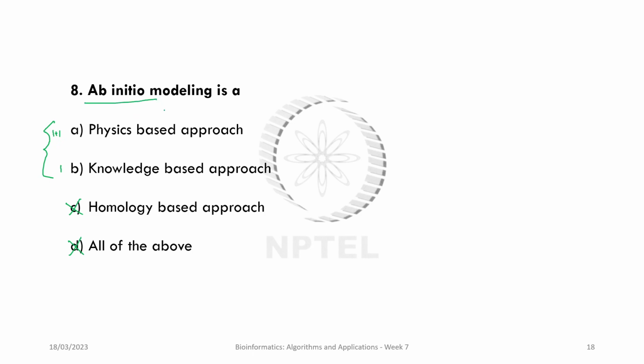Ab initio modeling is done when you have no predecessors or no homologous protein available, right? So this knowledge is not helping us much, but the sequence is the sole source of information for us now.